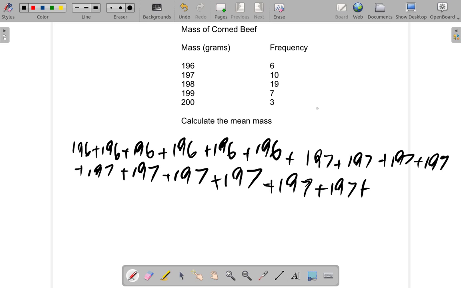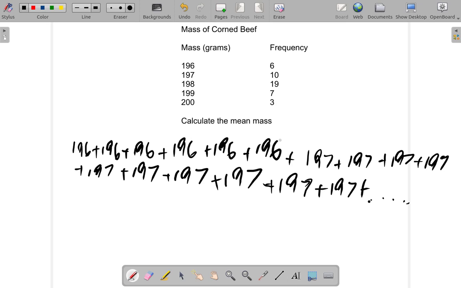So you get the point. It goes on and on. If you have the time, you could write the 198 19 times. Then you would have 7 199 grams and then 3 200 grams.